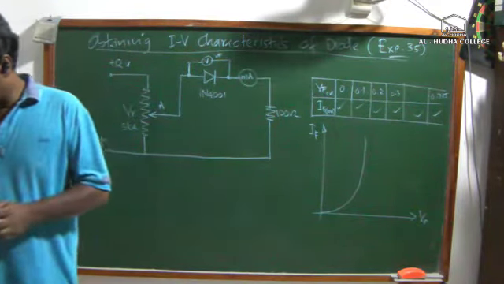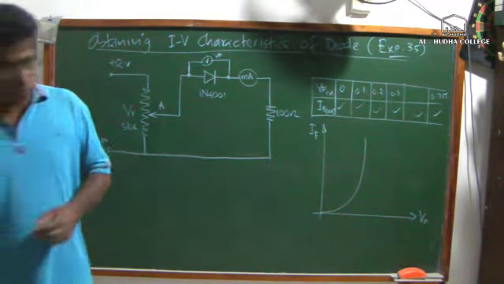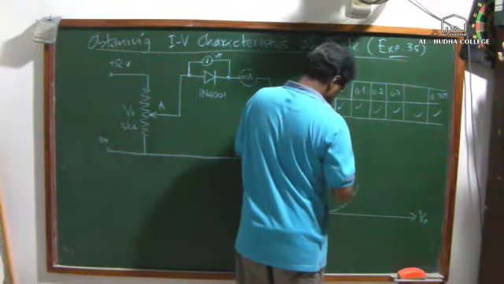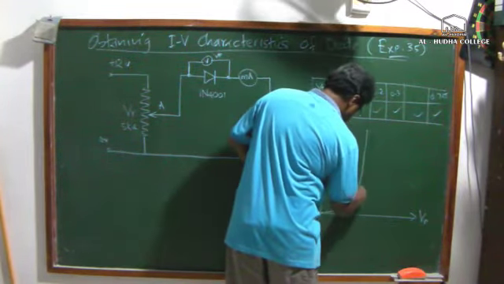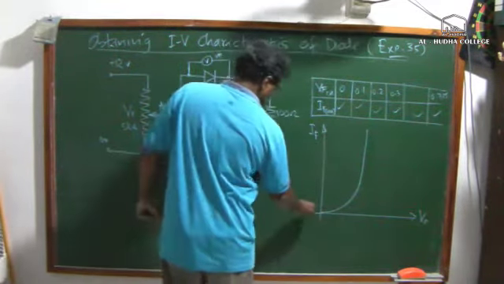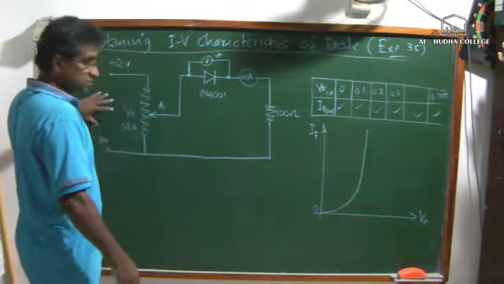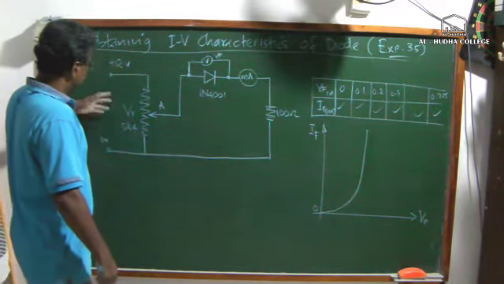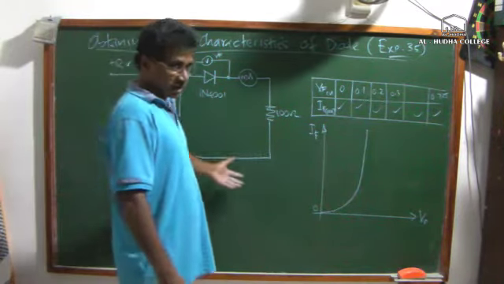Right, so you read this IV curve experiment number 35 in your practical book. But if we have the right apparatus, if we just change the polarity of the battery, you reverse the polarity of the input supply, you can get the reverse characteristics also.